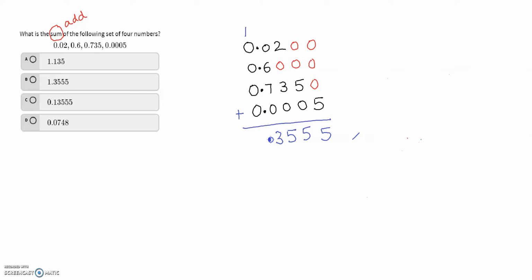And there is a decimal point, and I will add all the digits, which will give me 1. So let's see over here. A is 1.13, B is 1.3555. That looks like that is the answer. So I will put a check mark or just fill that circle. And that is the answer for this question.